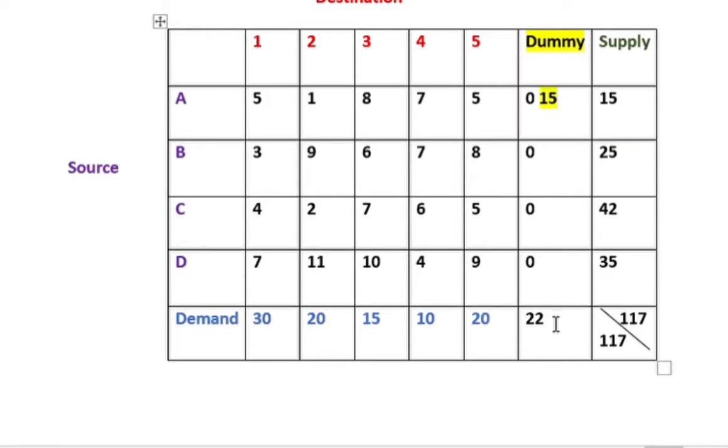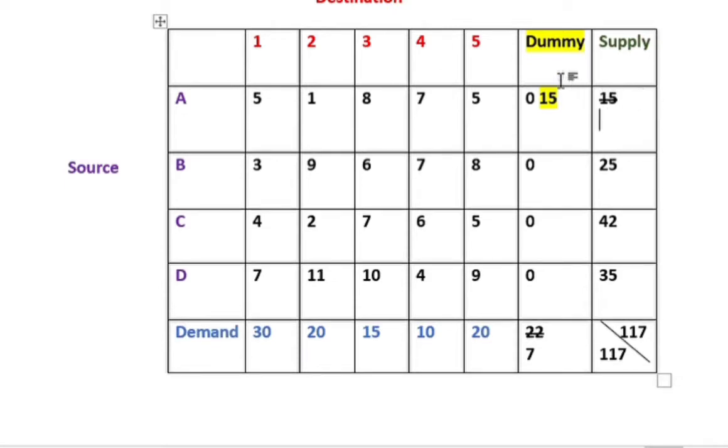So I have written 15 here. Now 22 minus 15 leaves 7 demand, and 15 minus 15 is 0 supply left, so this row will get cancelled now.